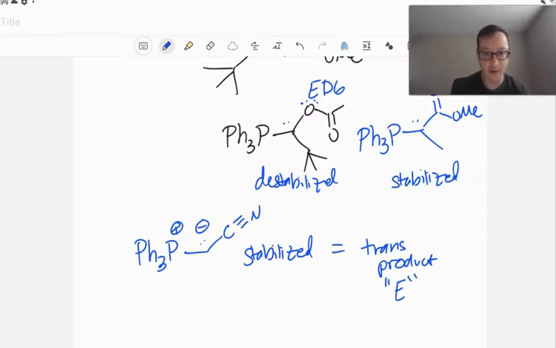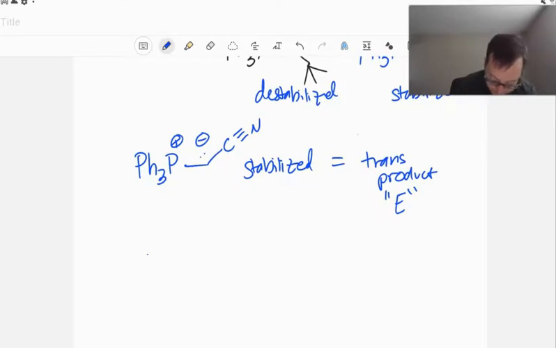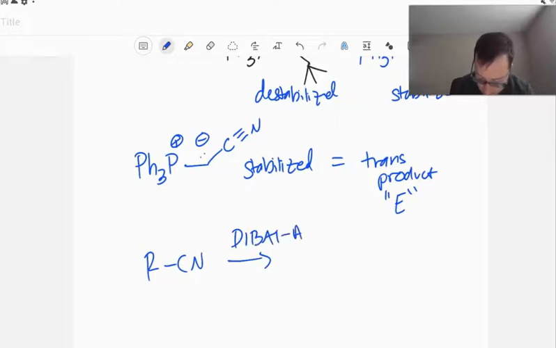Not something we've covered yet. DIBAL-H turns this into an aldehyde, but that's something we haven't covered yet. So that's part of when we talk about nitriles.